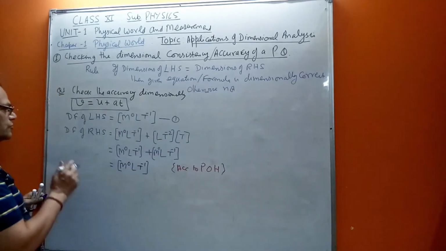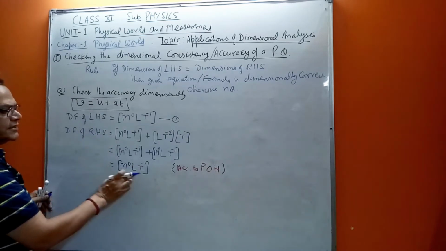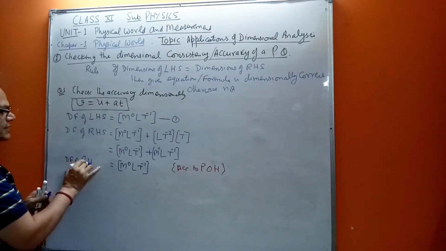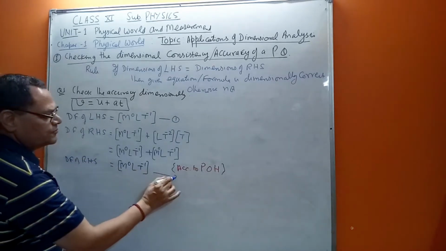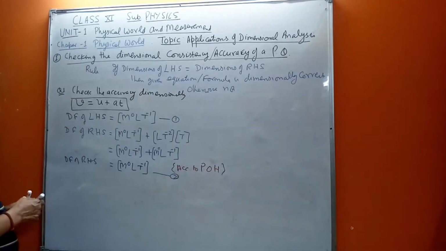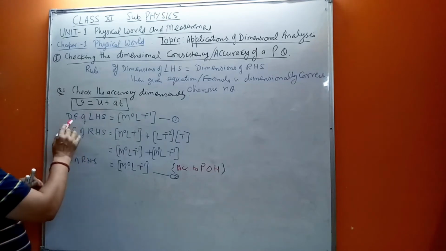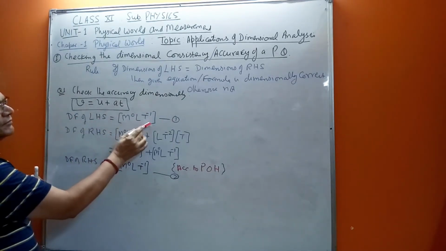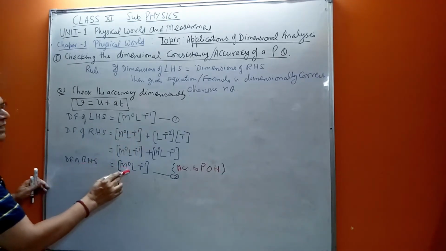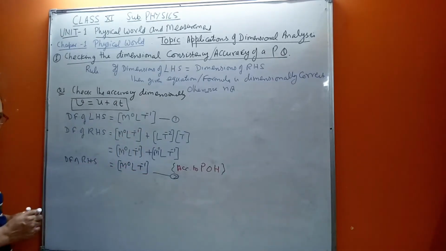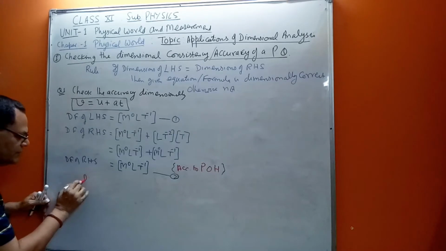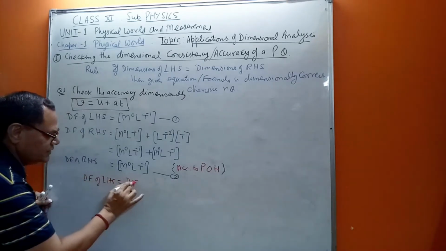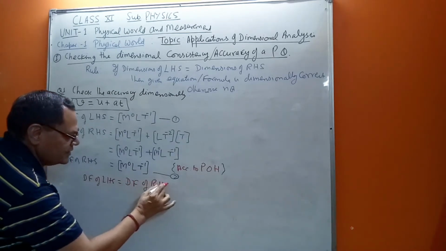Clear? So the dimension formula of RHS is coming this, okay? So the dimension formula of RHS is equal to this. So put it as number 2. Now if you compare both, the dimension formula of left hand side was M0 L T minus 1 and of RHS M0 L T minus 1, meaning thereby the dimensional formula of LHS is equal to the dimension formula of RHS.